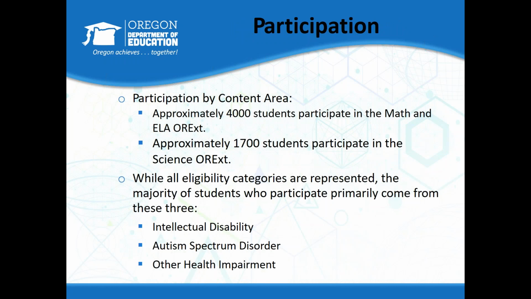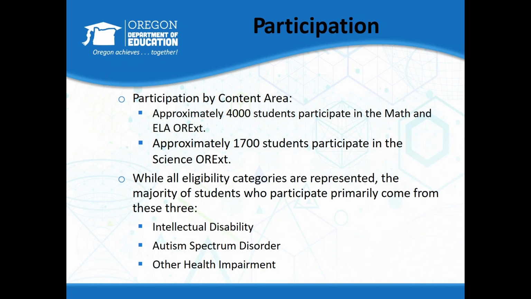I wanted to provide just an overview of the numbers of students that participate by content area and eligibility category. So in terms of content area, approximately 4,000 plus students participate in the math and ELA Oregon Extended Assessment, and approximately 1,700 students will participate in the Science Oregon Extended Assessment. And of course, the difference in the numbers there is because in science, students only in grades 5, 8, and 11 participate in the assessment.